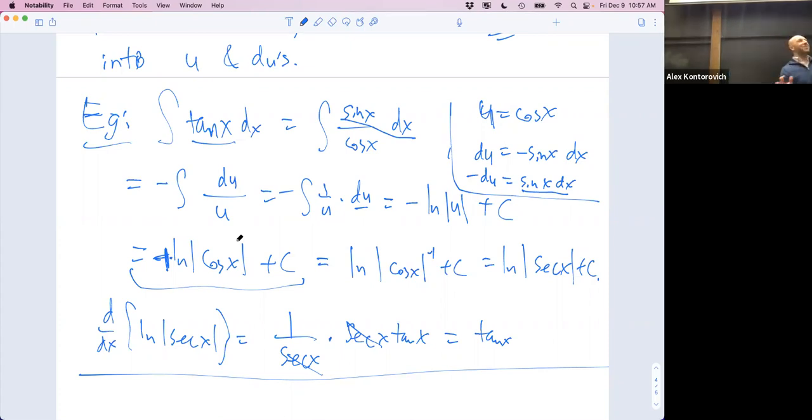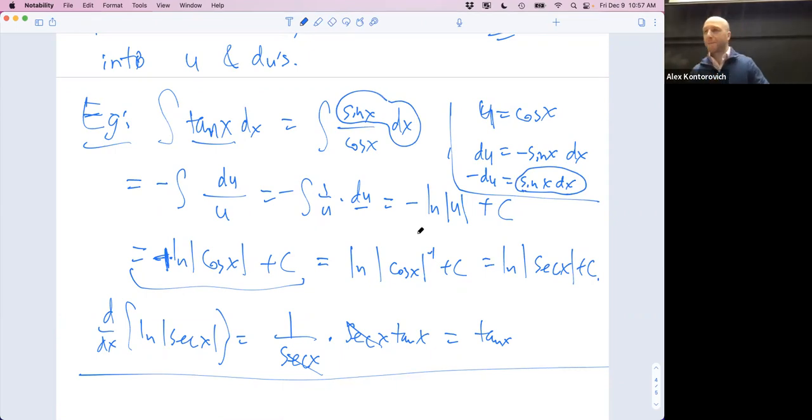Ask me, there's 10 other people that are confused. What were you looking at? The sine function. The sign on top, because now I've written too many things. The sine and the dx together make du, or negative du. Does that make sense?